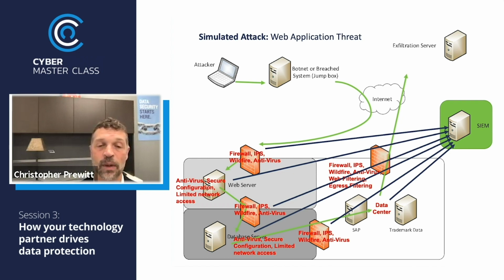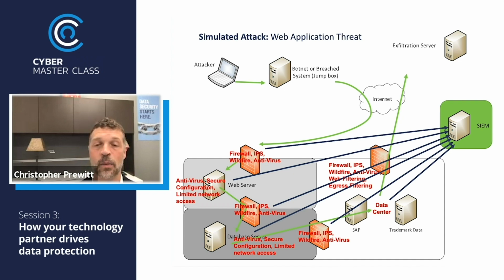And maybe from the web server, they gain access to the database server. Again, secure configuration and limited network access could prevent the spread further. But if you don't have that kind of internal firewall, if you don't have that secure configuration, moving from a database server to other servers in the environment is fairly trivial. Once there, maybe they gain access to your trademark data or your ERP system, and from there collect and stage a lot of data and exfiltrate it.